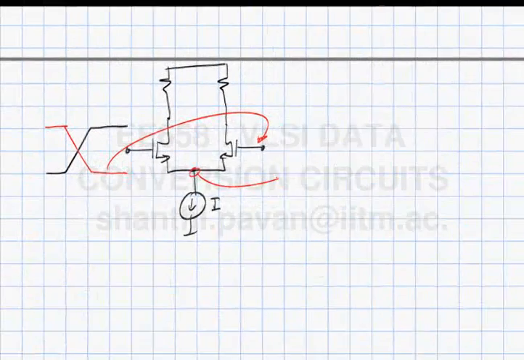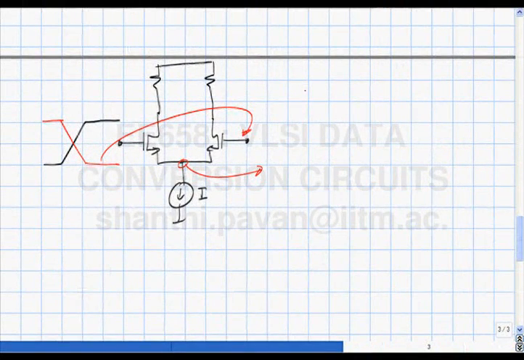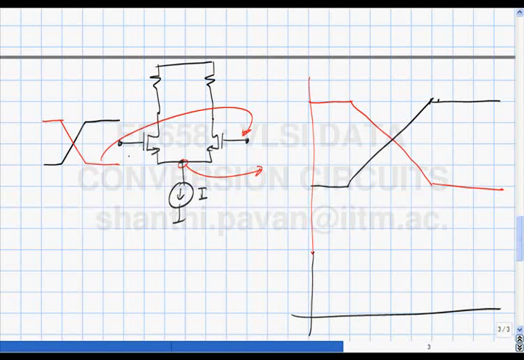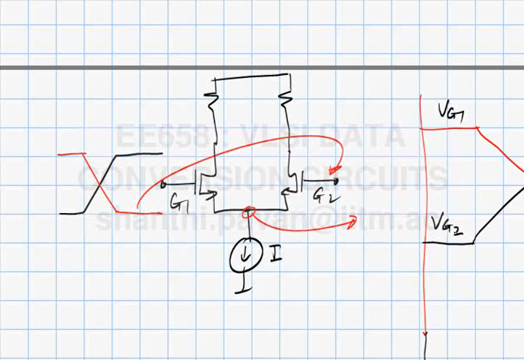what can we say about this waveform? So let's, for example, plot it. So this is VG1, this is VG2, this is VG1.